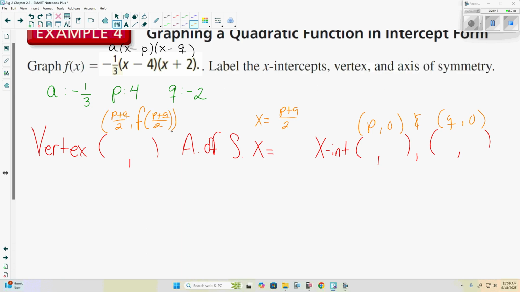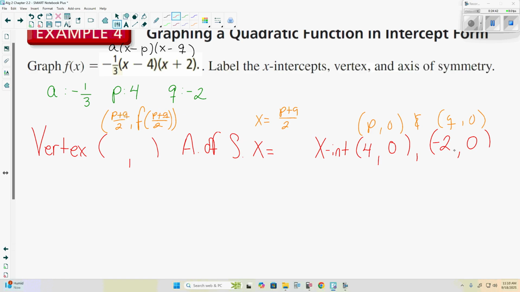We didn't start here, but might as well. X-intercepts: we know that the y values of the x-intercepts have to be 0. What's the value of P? 4. So one of the x-intercepts is the point (4, 0). The other x-intercept is the point (-2, 0), because Q is negative 2.